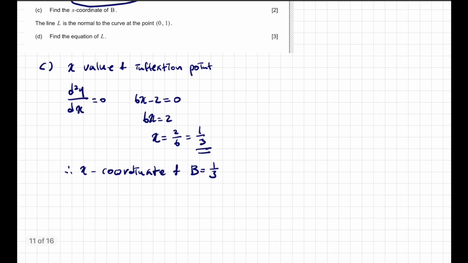Okay, then the line L is the normal to the curve at the point (0, 1), right? So using that information, we need to find the equation of L. Okay, so L is the normal to the curve at point (0, 1), right?